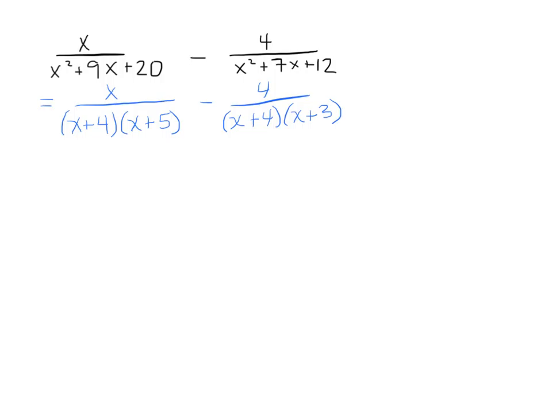Good? Okay. So if those are the factors, then what's the common denominator? X plus 4, x plus 5, x plus 3. So you take the x plus 4 once, even though it's in both of them, and then you take the other two.